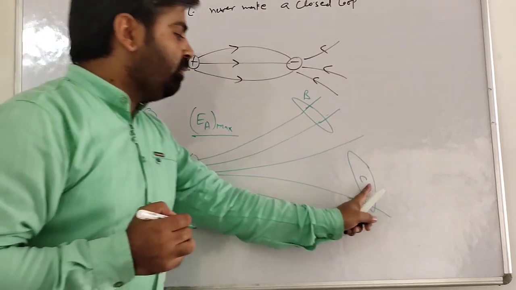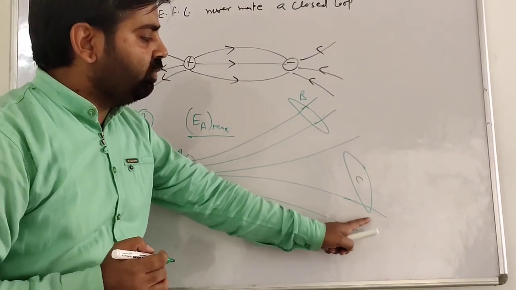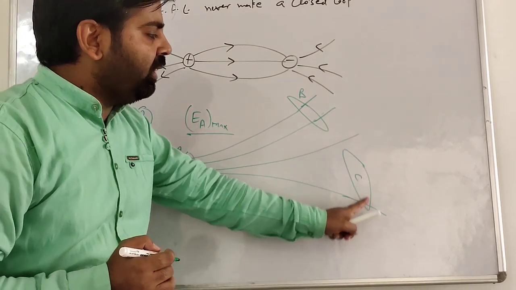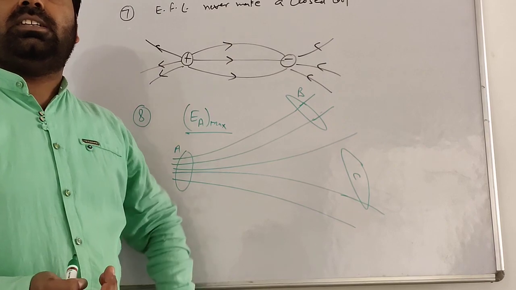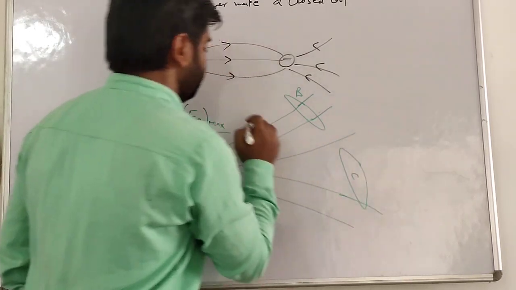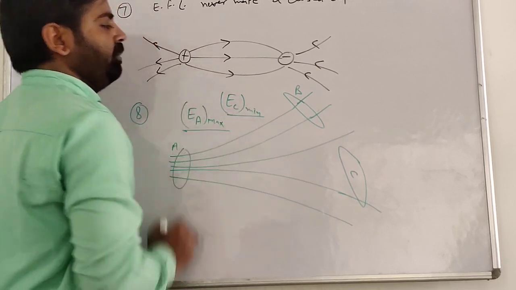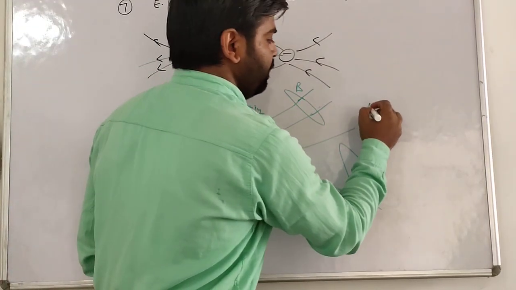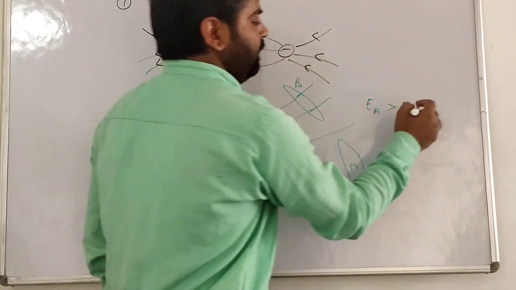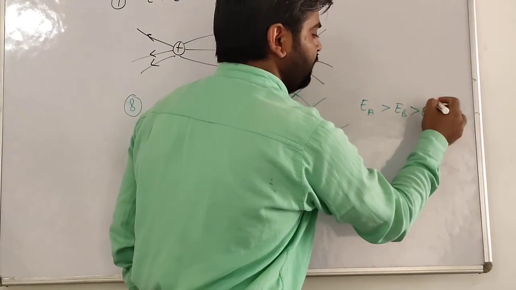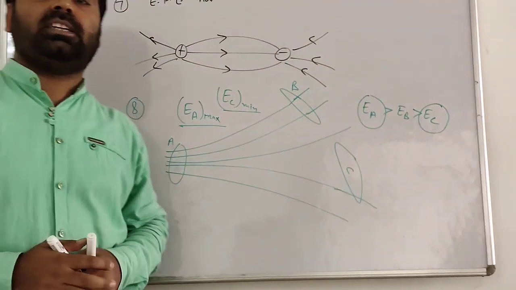For region C, only one electric field line crosses, and the field lines are very far away from each other. So at region C, the electric field intensity EC is minimum. We can say EA is greater than EB, and it is greater than EC.